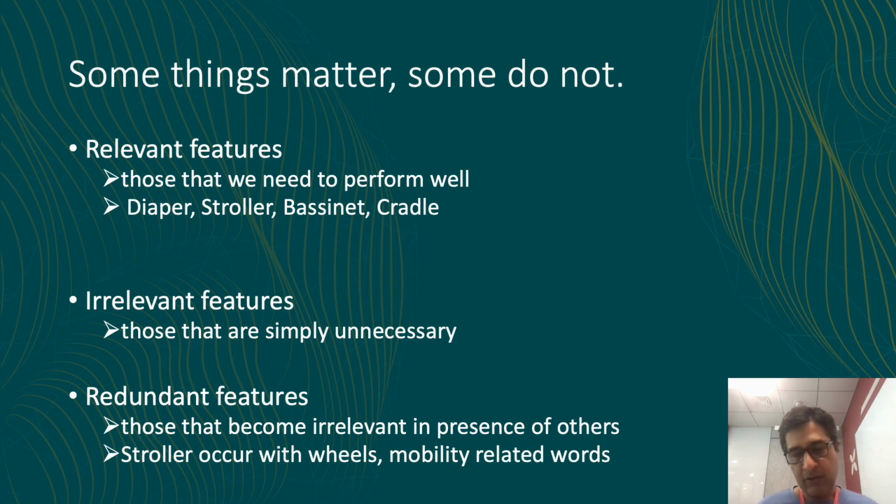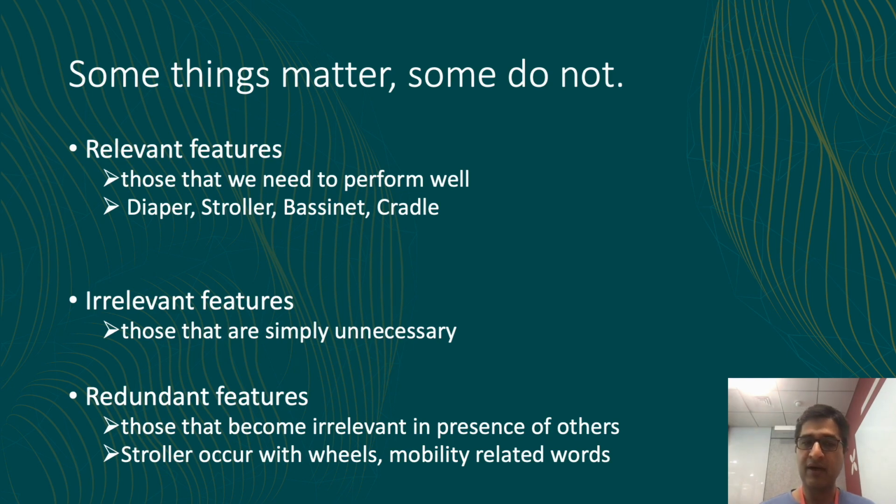Also, in many of these problems, what you would notice is that some features matter. So let's say in the text data, you want to figure out if this is something that is relevant to babies or not. The relevant features would be like a diaper or a stroller or a bassinet or a cradle, right?